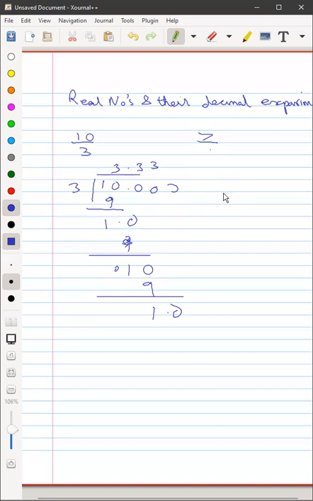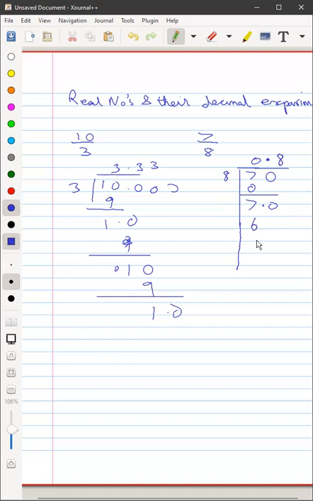What about 7 divided by 8? Again, the long division method. 7, then point, then 8. 8 8s are 64.